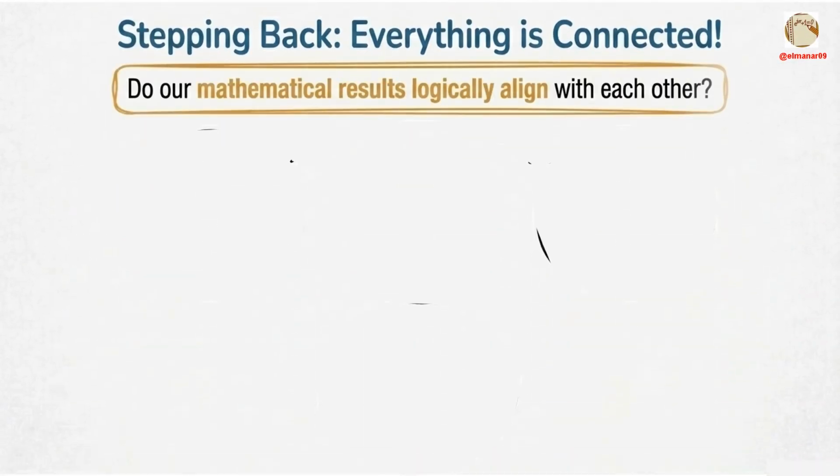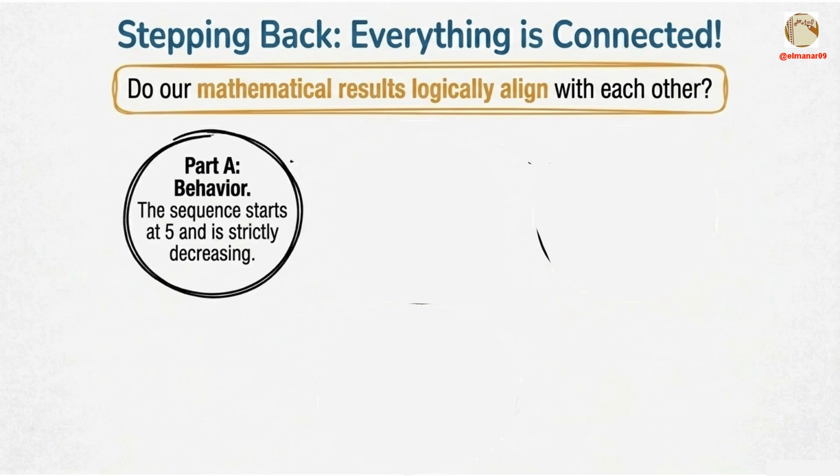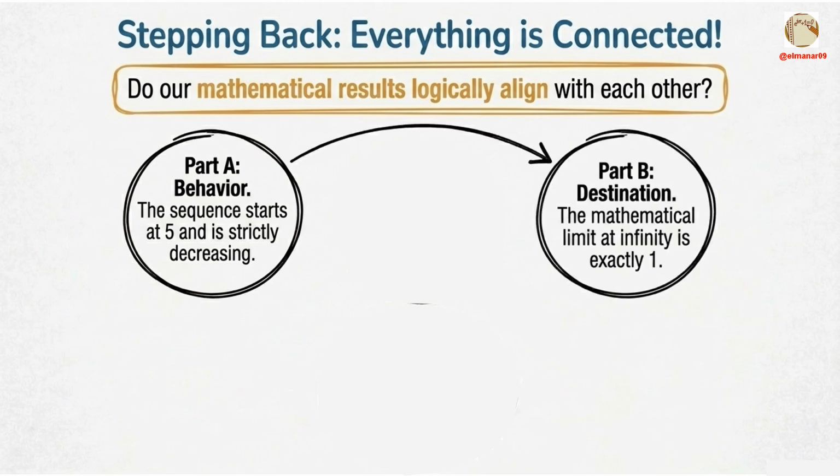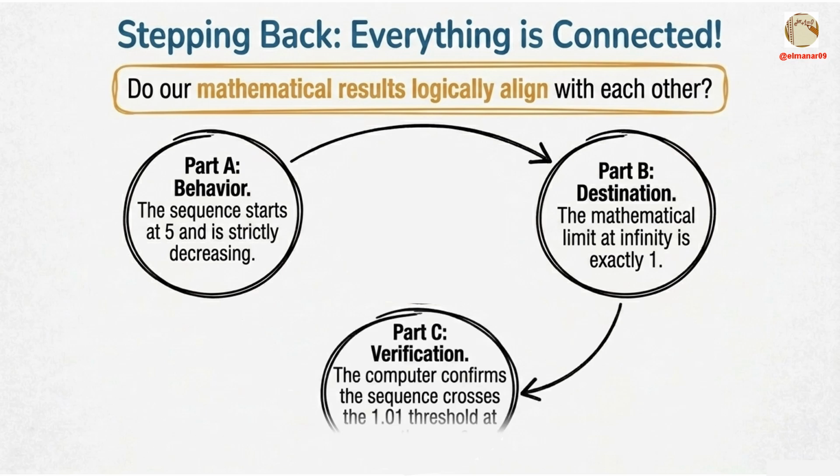Let's step back for a moment. Look at how beautifully everything is connected. Part A told us the behavior. The sequence starts high and always decreases. Part B gave us the destination. Math tells us it is heading toward 1. Part C provided the verification.